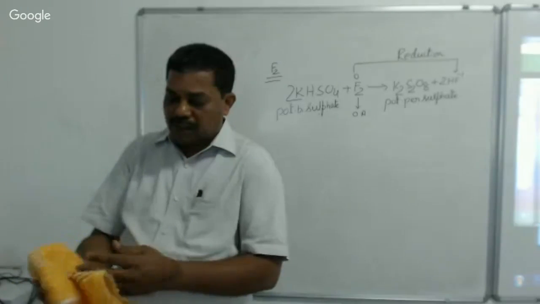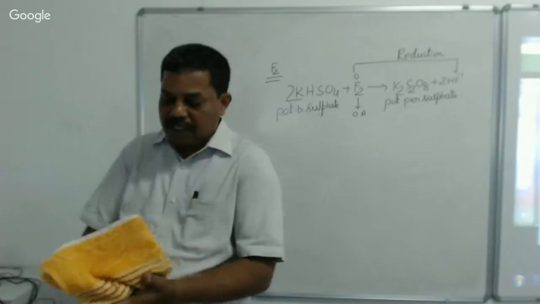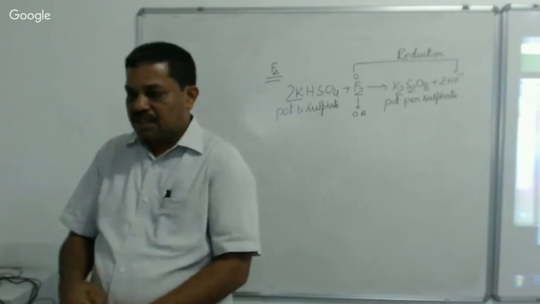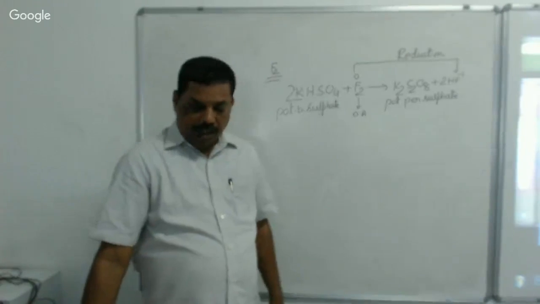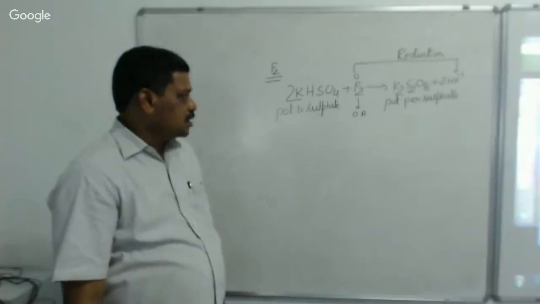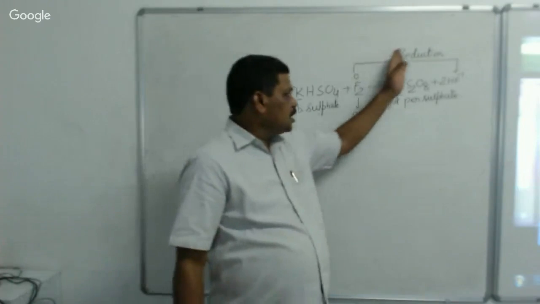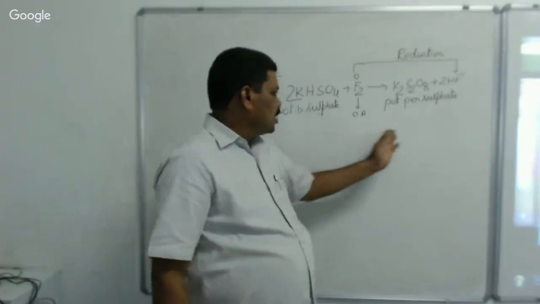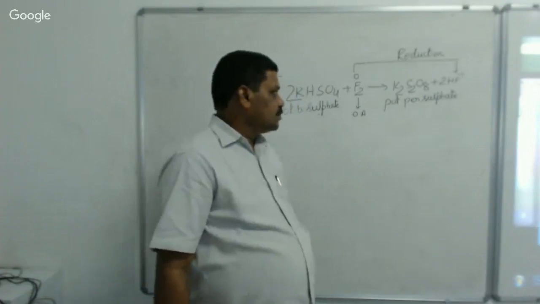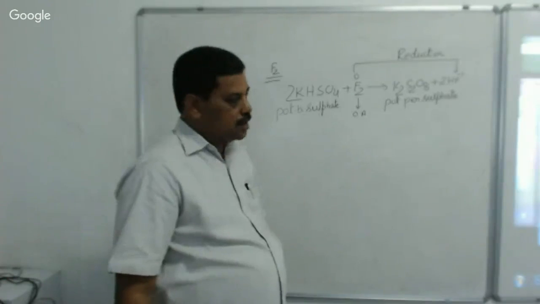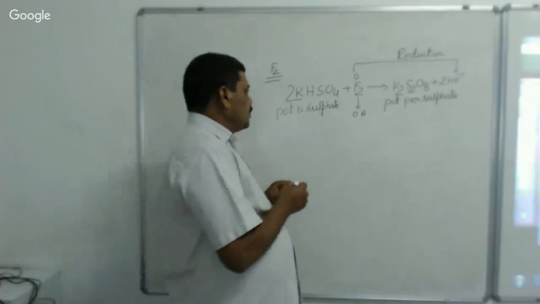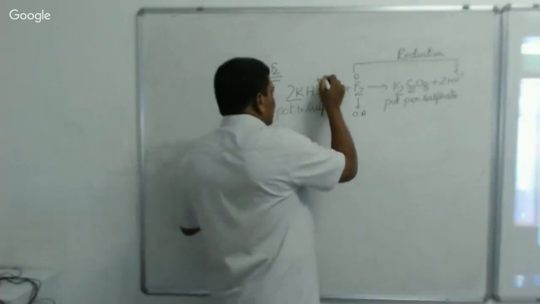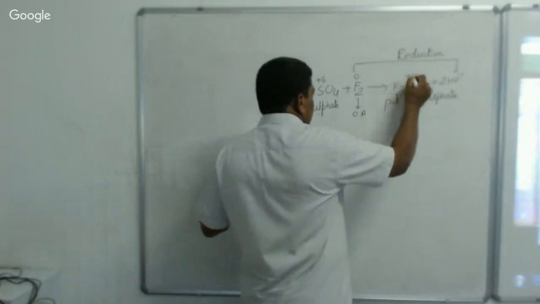Because fluorine is undergoing reduction, somebody has to undergo oxidation. If one species is undergoing reduction, the other should undergo oxidation. Who is undergoing oxidation? Further, the answer is not sulfur, because sulfur in both cases is +6.